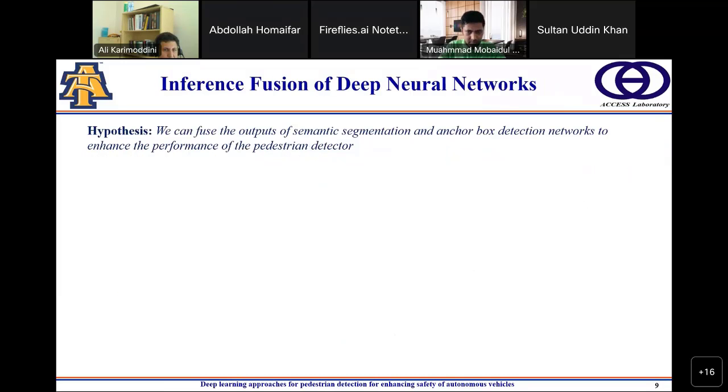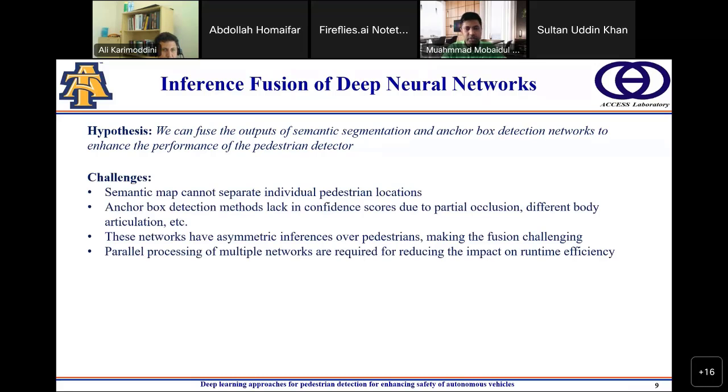Now, our hypothesis is that we can fuse the output of semantic segmentation and anchor box detection networks to enhance the performance of the pedestrian detector. And when we do this, the challenges that we are facing are listed here. The first challenge is that the semantic map cannot separate individual pedestrian locations.